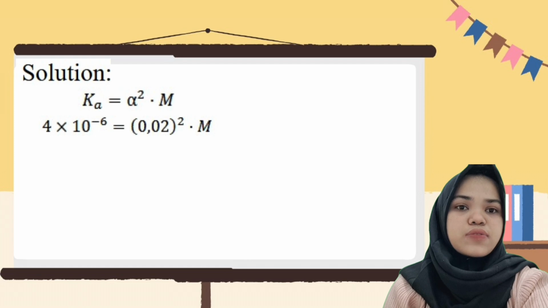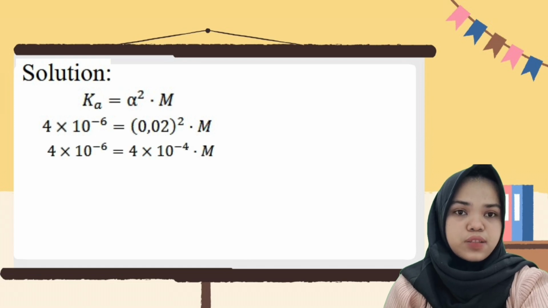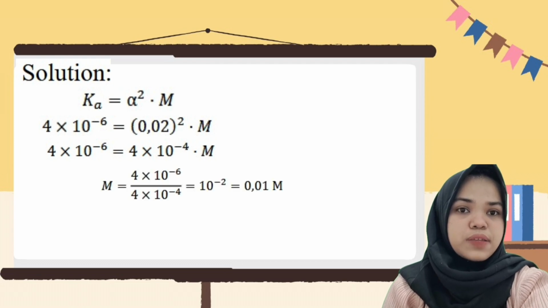So our equation becomes 4 times 10 to the minus 6 equals 4 times 10 to the minus 4 times M. To find M, we divide both sides by 4 times 10 to the minus 4. 4 divided by 4 is 1, and 10 to the minus 6 divided by 10 to the minus 4 is 10 to the minus 2. So we get M equals 10 to the minus 2, or 0.01 molar.